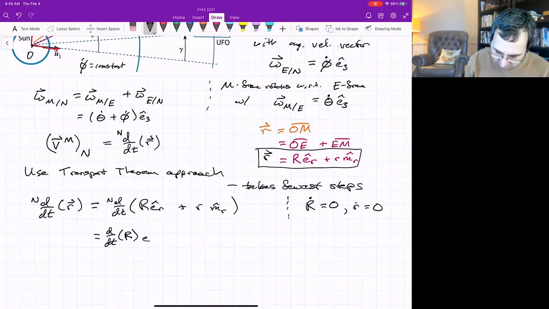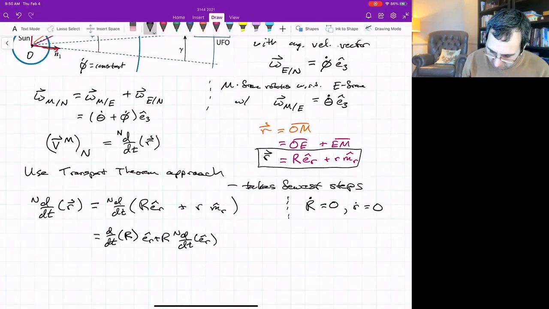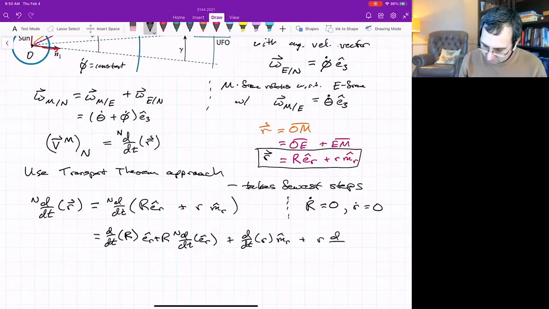I would have R times the inertial derivative of ER, plus the derivative of little r in the MR direction, plus r times the derivative with respect to the N frame of MR.